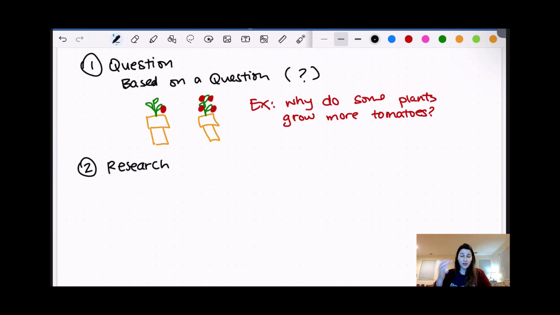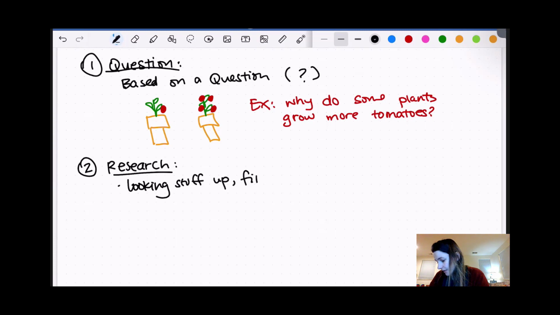There's a lot that science knows about tomato plants. And so research is looking stuff up and finding stuff out.